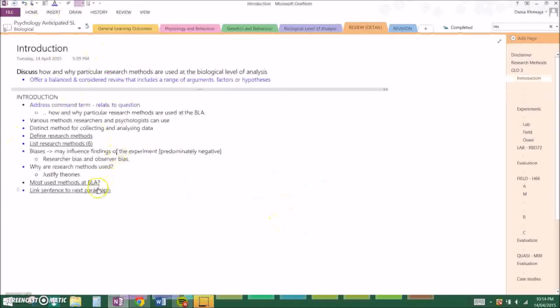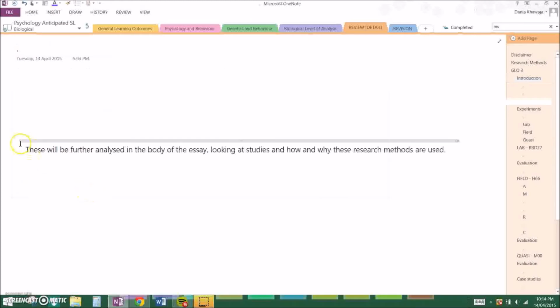So we would be talking about them too, and then we link the sentence to the next paragraph. These will be further analysed in the body of the essay, looking at studies and how and why these research methods are used. These referring to experiments and case studies.